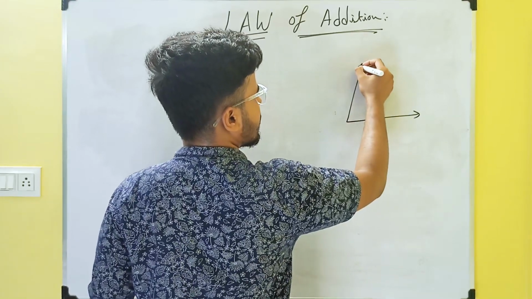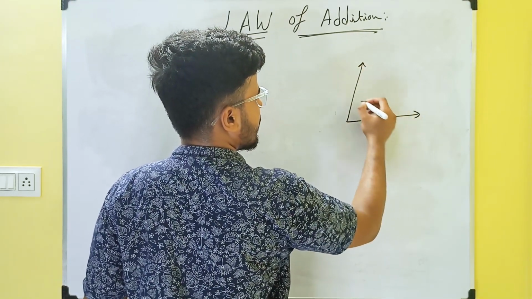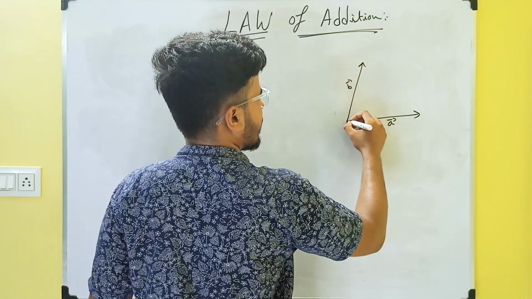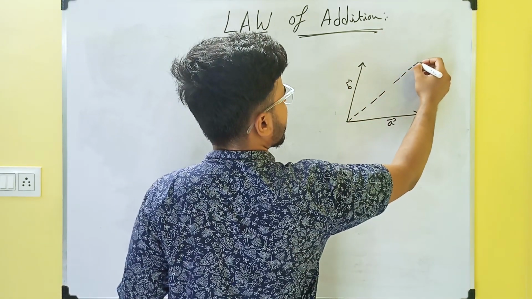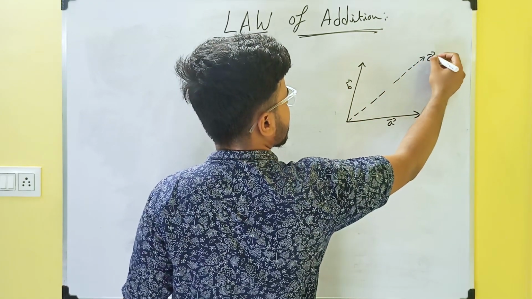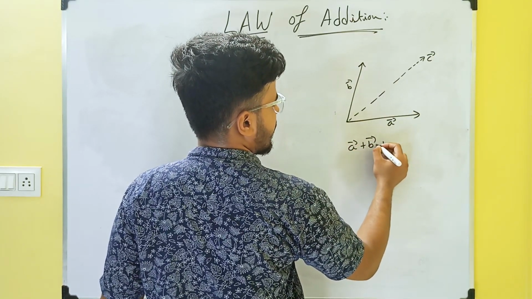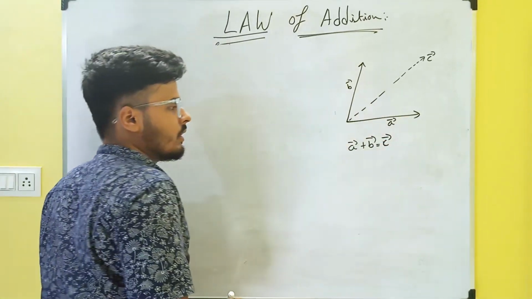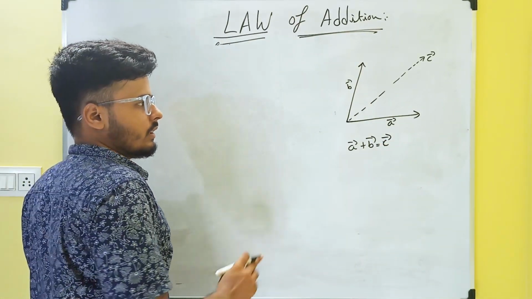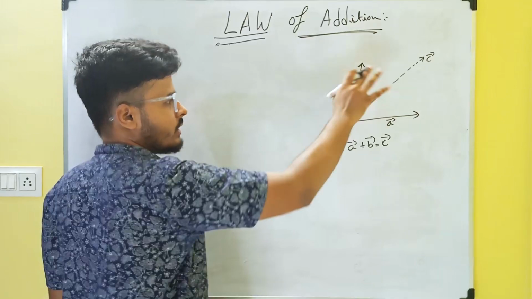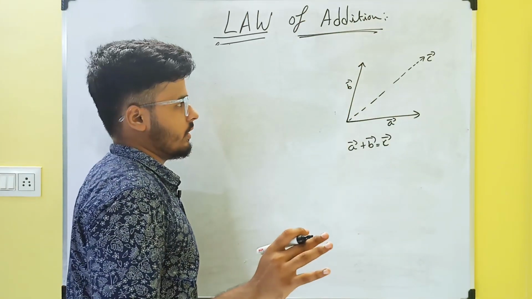This is A, this is B, this is C. You are saying that A plus B equals C vector. This one you are calling the parallelogram law of vector.